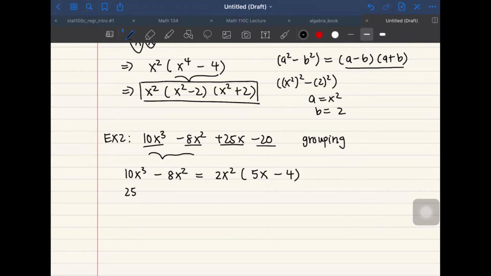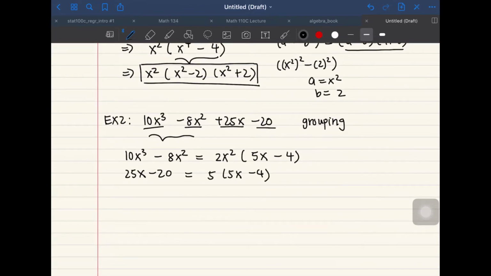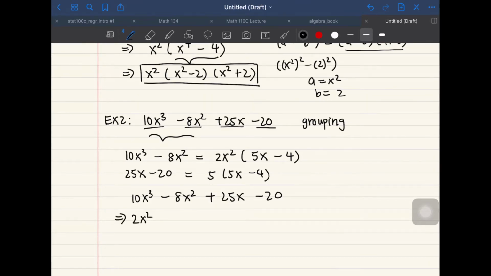Similarly, for this last part, I can take out a 5, and I'm left with 5x minus 4. So putting them together, I have the following: 2x squared times 5x minus 4, plus 5 times 5x minus 4.